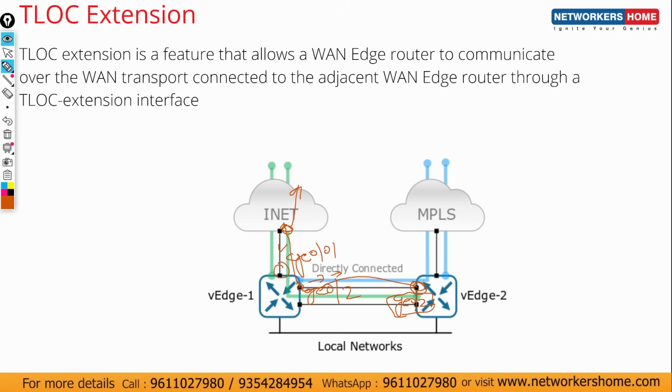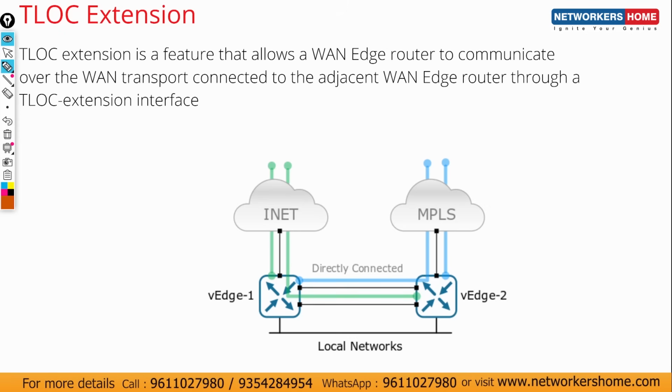Okay, so two TLOCs through VPN 0 is what we are talking about, because GE00 essentially doesn't have internet connectivity, it is just extending itself. Although the real extension happens here, this is just a facilitator. So what are you extending? Are you extending this to the internet, or are you extending this to the other side? This is very important to know.